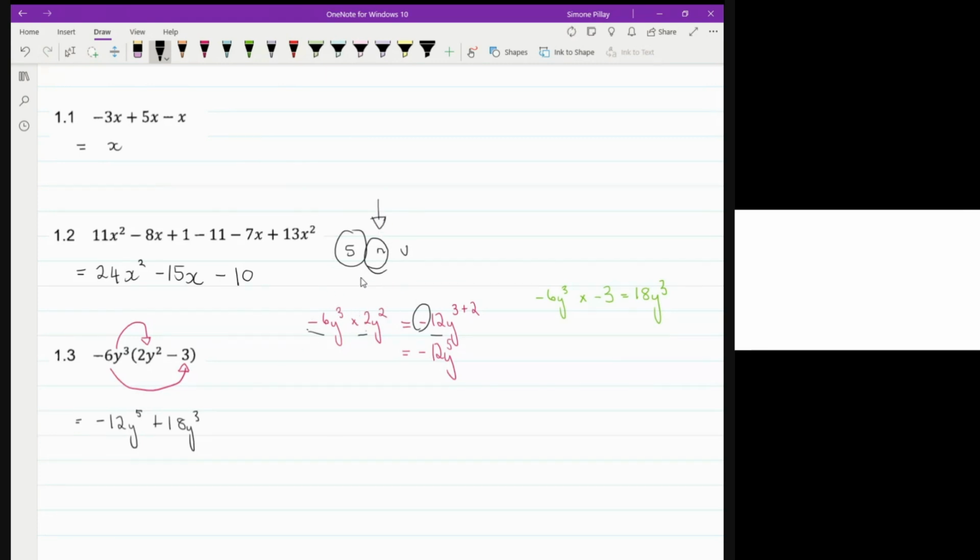So you can just say 6 times 2 is 12, and then worry about your variables last. Y cubed times y squared, exponent rules, and that gives you that. So always use SNV when you are in doubt about how to multiply or how to divide. You are going to multiply signs first, then multiply the numbers, then multiply your variables, add it all together, and you will get your answer.